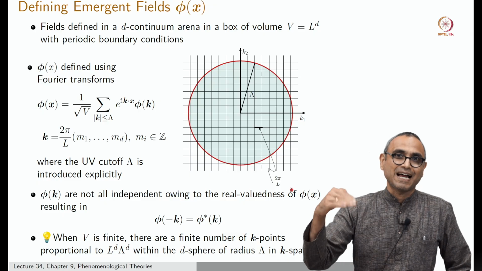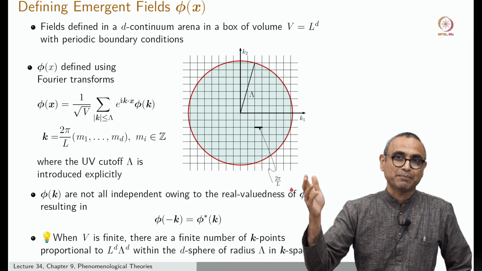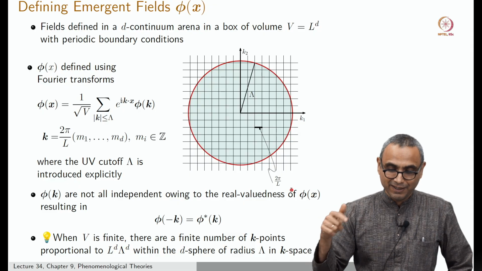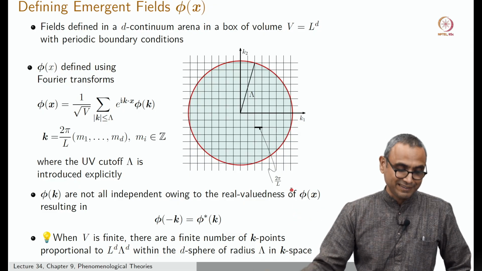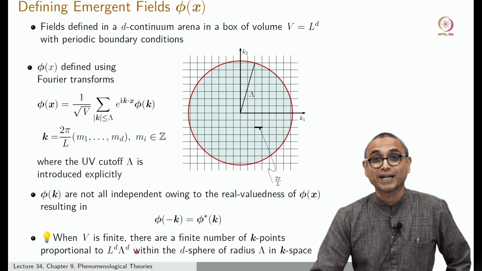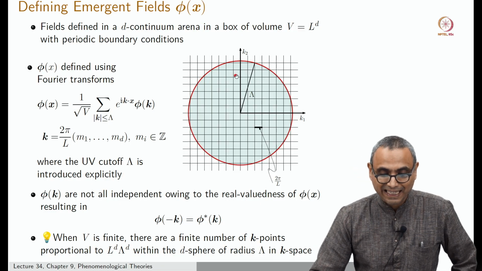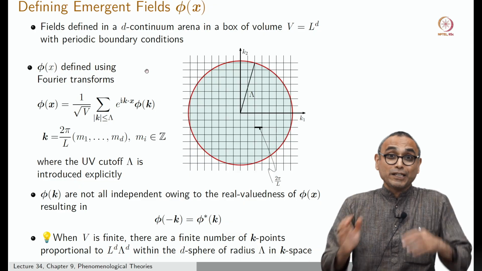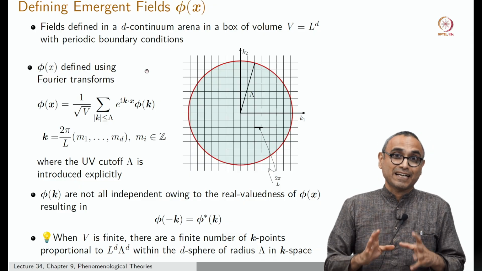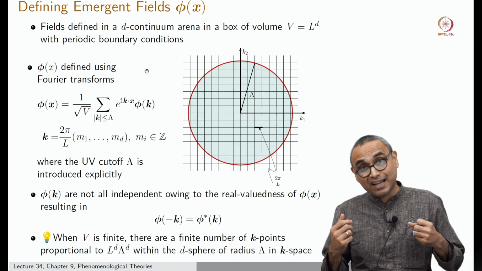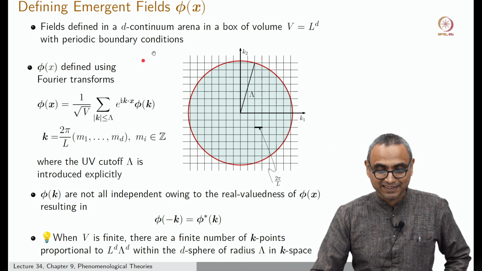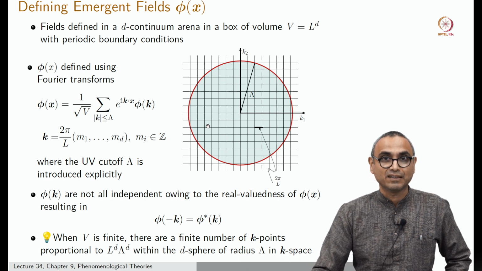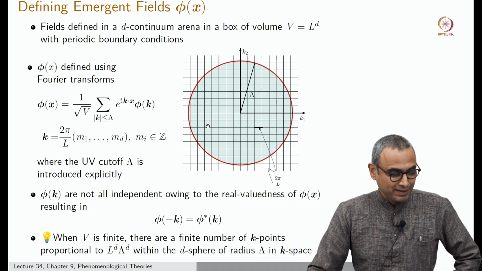So if I take pi times lambda squared divided by (2 pi by L) whole squared, I'll get something proportional to L squared lambda squared. So I'll get that many points inside here. The important thing is that there are a finite, albeit large, number of points in this sphere.